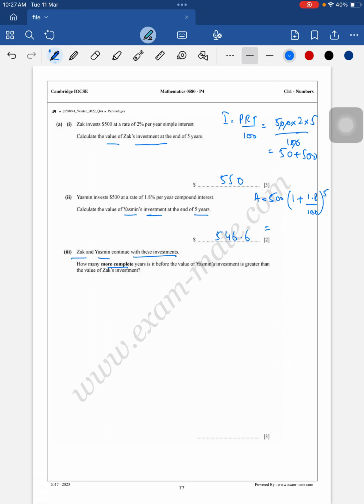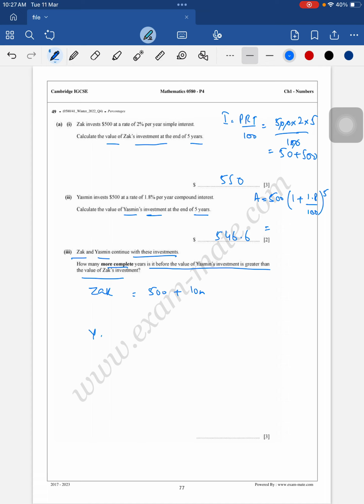Zach and Yasmin continue with these investments. How many more complete years is it before the value of Yasmin's investment is greater than the value of Zach's investment? So if you see over here, for 5 years you are getting $50. So definitely for 6 years you will be getting $60. So Zach's investment is basically 500 plus 10n, and n is the number of years, right, for Zach.